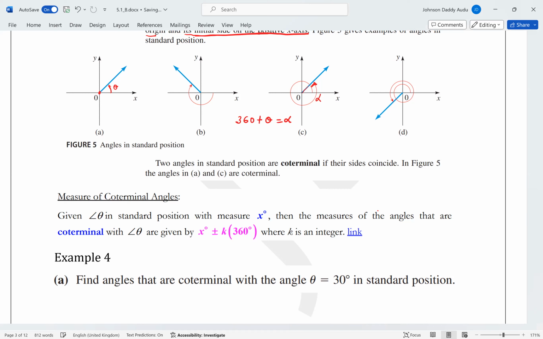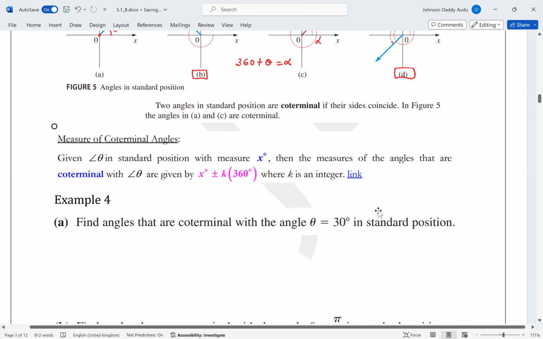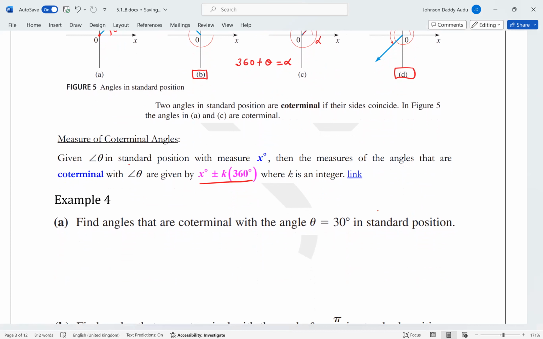And that is also applicable to B and D. If you look at B and D, they also share the same terminal side. But in this case, we go around 2 times. So simply to generalize, if you have an angle in standard position, to find the coterminal angle, we simply use this one, because we have plus or minus.